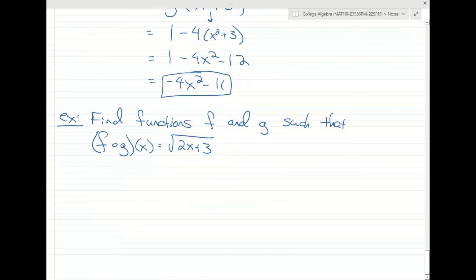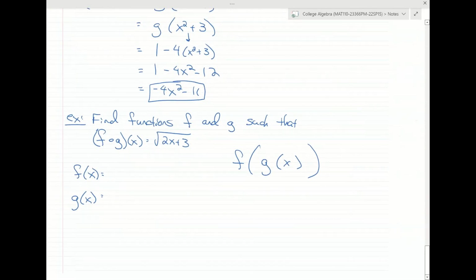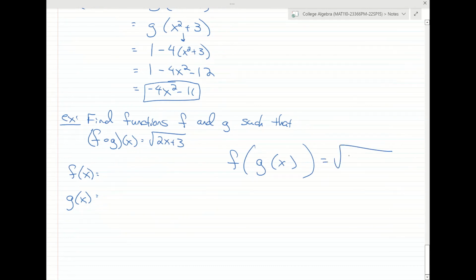What this means is we want to figure out what f of x could be and what g of x could be. So when we do f of g of x equals the square root of 2x plus 3.